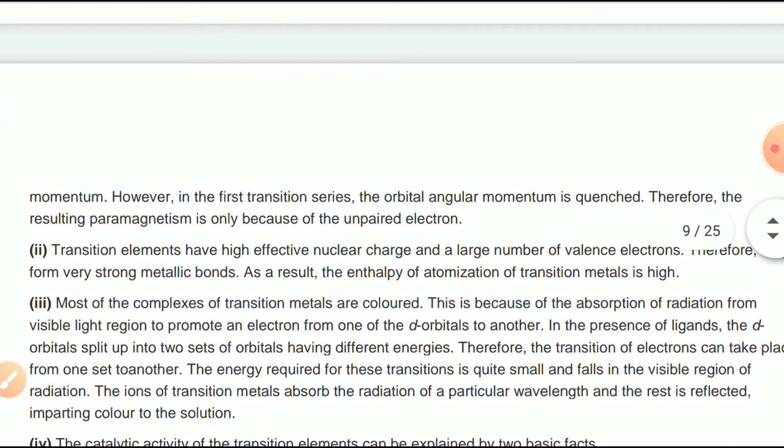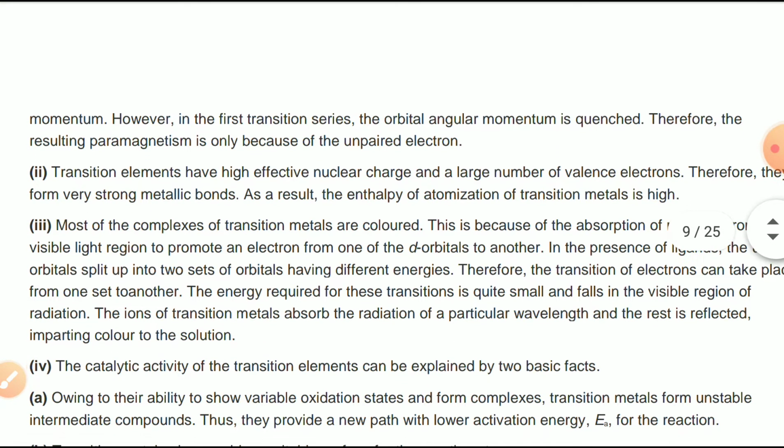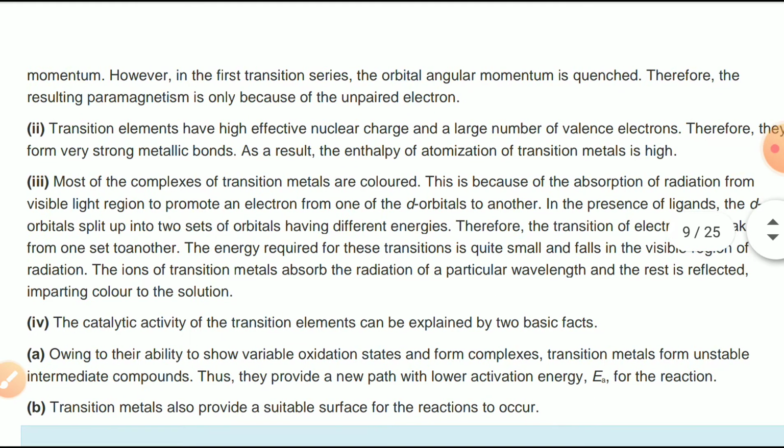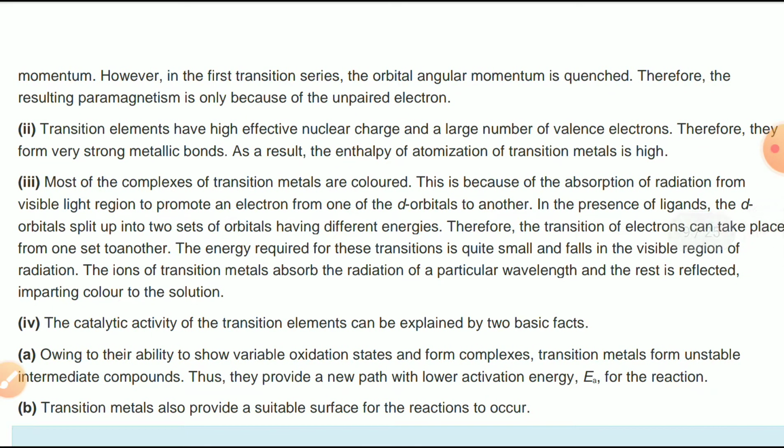However, in the first transition series, the orbital angular momentum is quenched. Therefore, the paramagnetism is only because of the unpaired electrons.